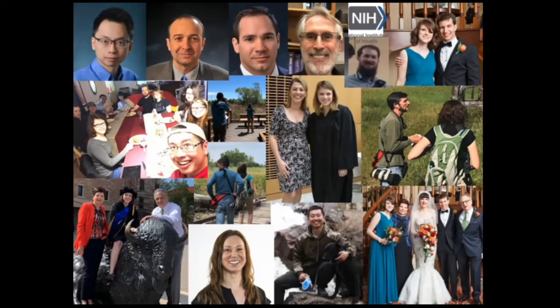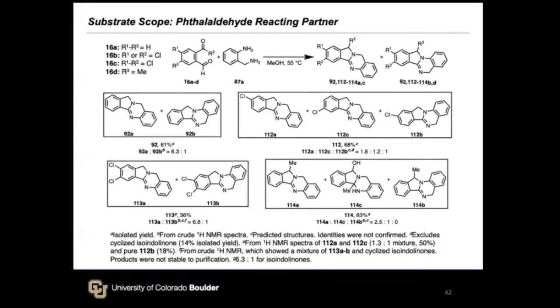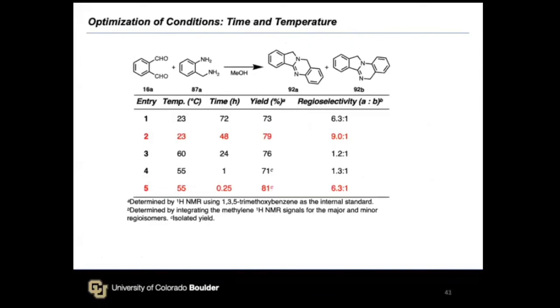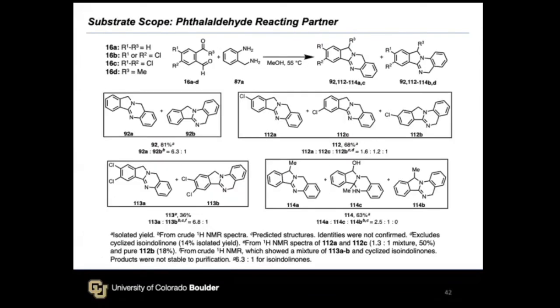I think you spent the most time on that particular slide. You mean, just tell me when I... No, you were just on it actually. I was. Yep. Is it this one or the other one? Yes. Which showed a mixture of 113A-B and cyclized isoindolenones that were not stable to purify.